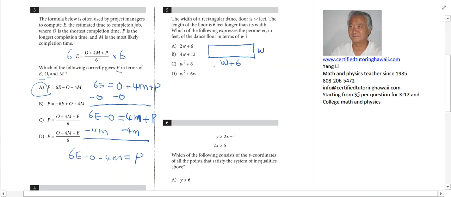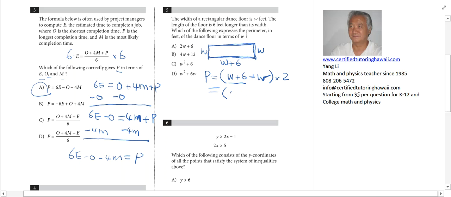So they ask you to express the perimeter. We know perimeter should be equal to W plus 6 plus this W, and then we times by 2, right? Because this one is W plus 6, this one is W plus 6, and this one is W, and this one is W. So that would be 2W plus 2 times W plus 6.